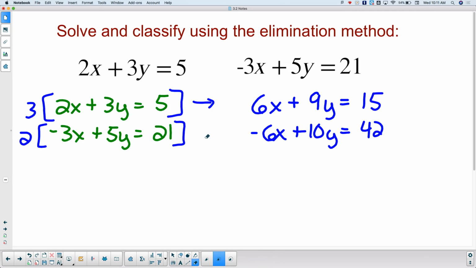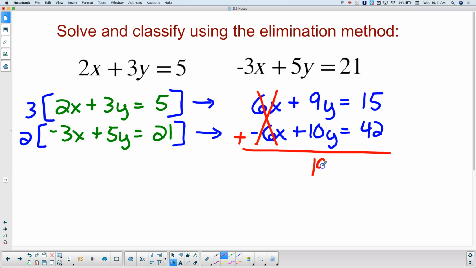Okay? Now what do I do with those two equations in step number 3? I'm going to add those two equations together. That eliminates my x's. 6x plus negative 6x is 0. 19y equals 57.